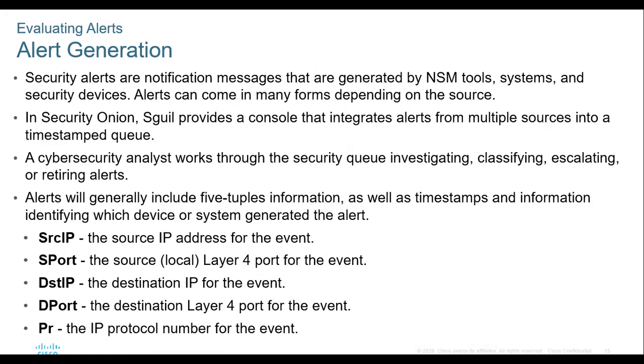And finally, the PR is the IP protocol number for the event. So these are key in terms of security alerts. These are areas you also need to look at. Additional information can be whether a permit or deny decision was applied to the traffic, some captured data from the packet payload, or a hash value for a downloaded file, or any of a variety of data.